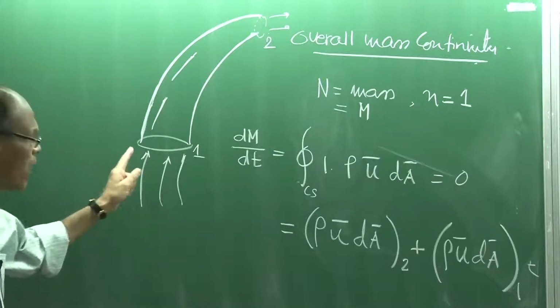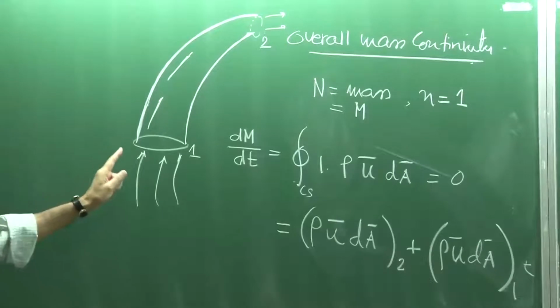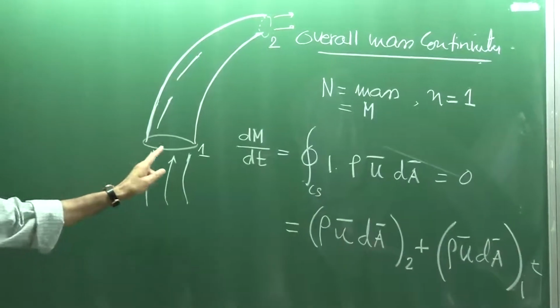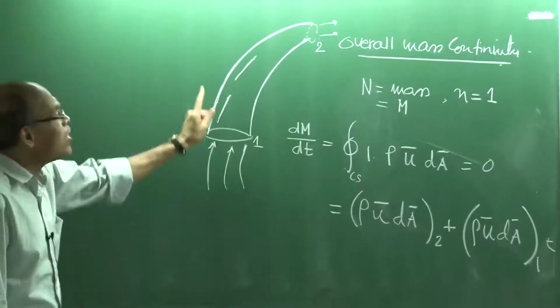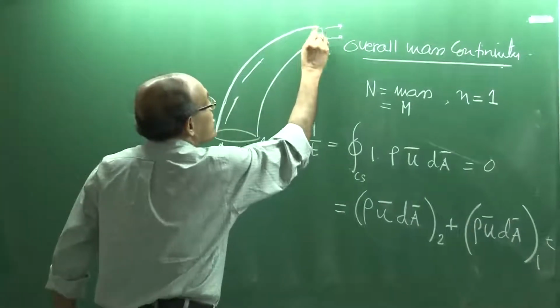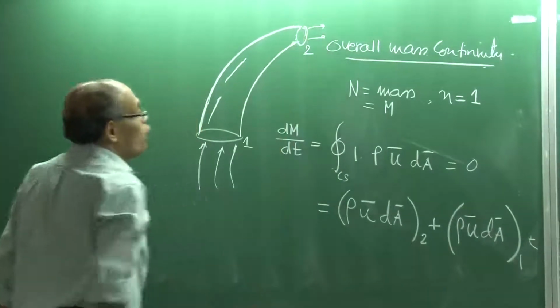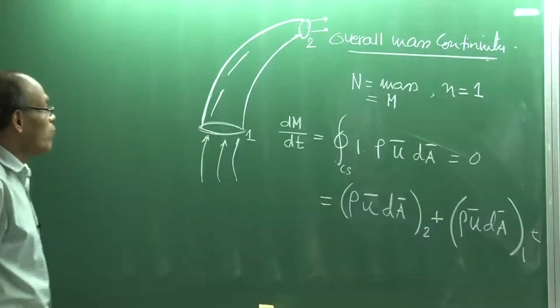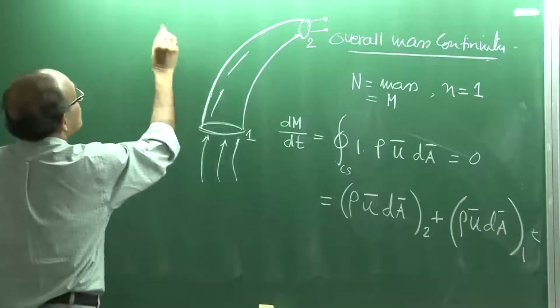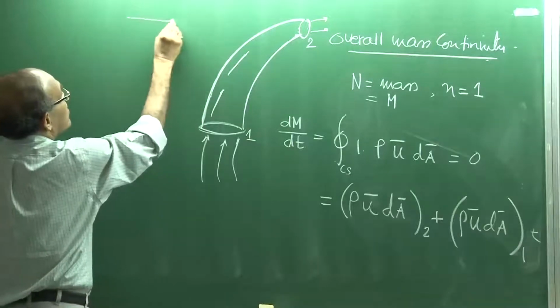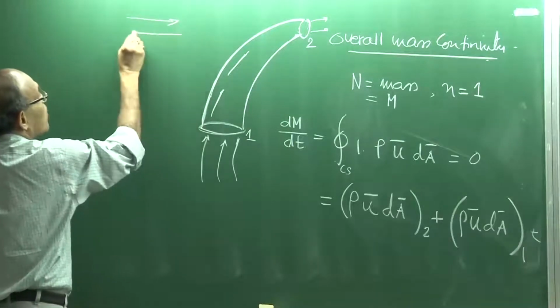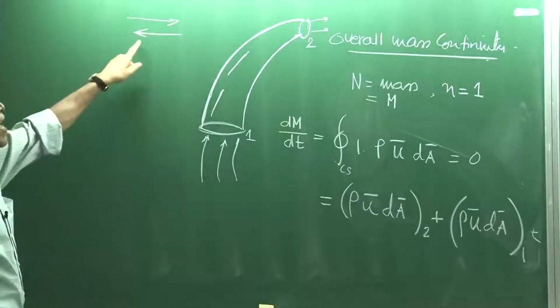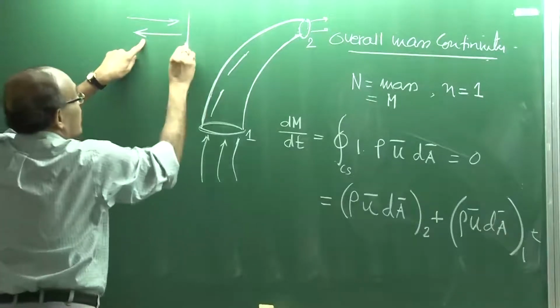Now, for a moment consider that the flow is normal to the surfaces through which flow is coming in and going out. They are normal to the direction of the flow. In one case you will see that the flow is directed this way and the normal is directed this way, and that is the scenario at the inlet.